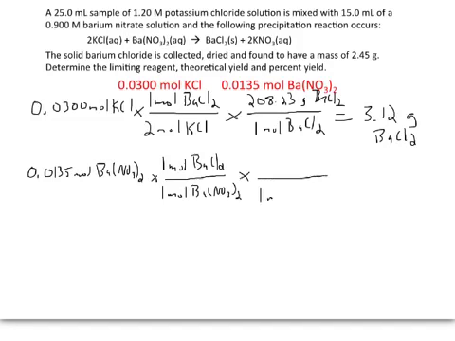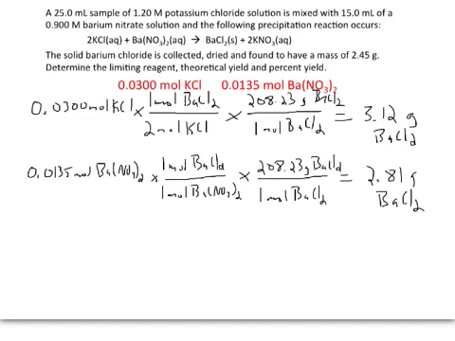I'll hit this with the molar mass again. And so if I was able to convert all of the barium nitrate into products, I would make 2.81 grams.